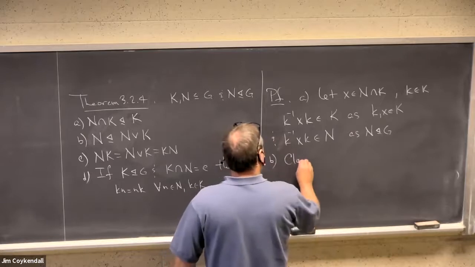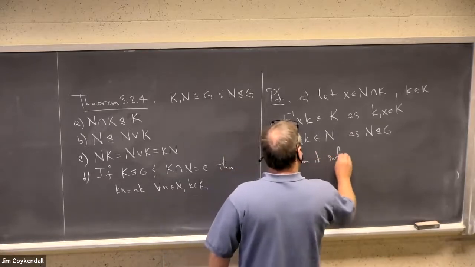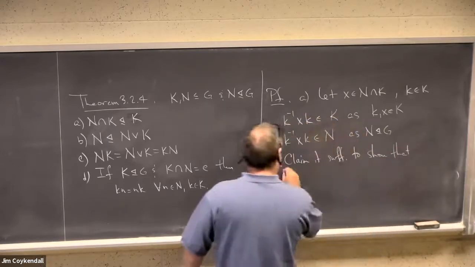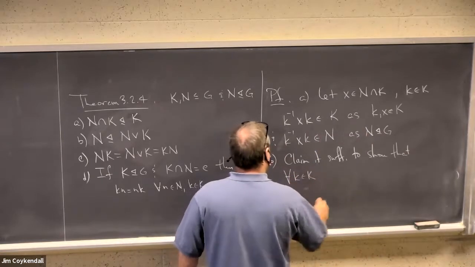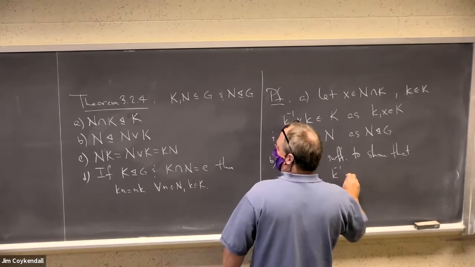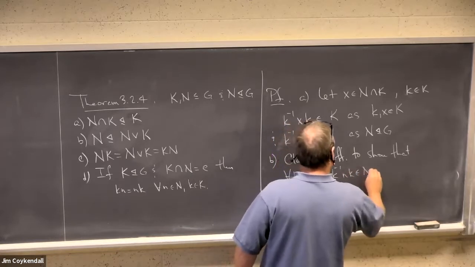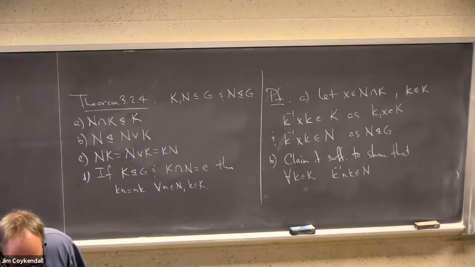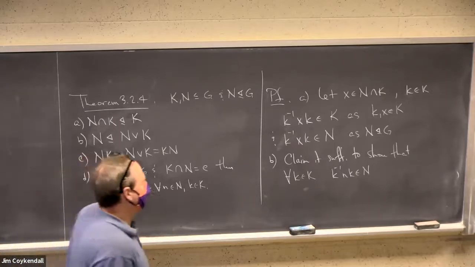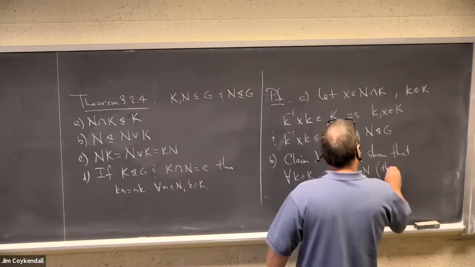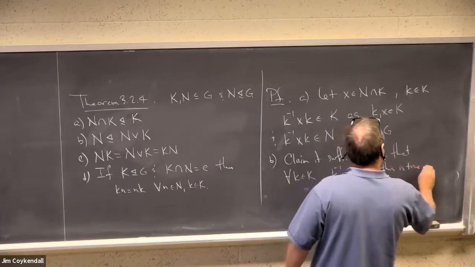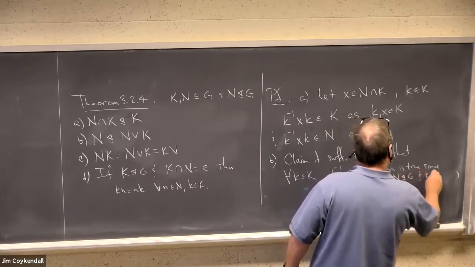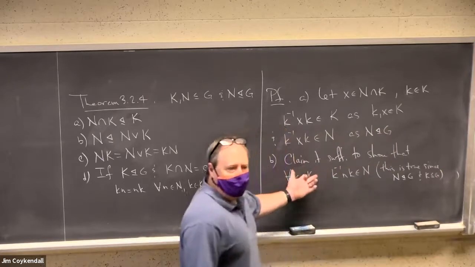Well, I claim it suffices to show that for all n in N and k in K, k inverse nk is in N. And this is true since N is normal and K is a subgroup of G. Well, why does it suffice?